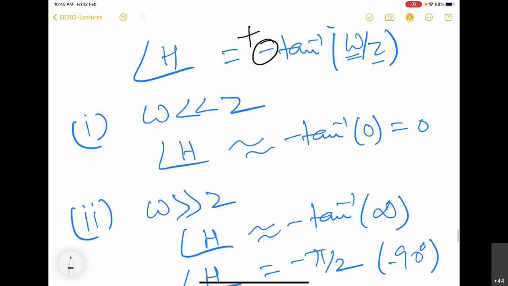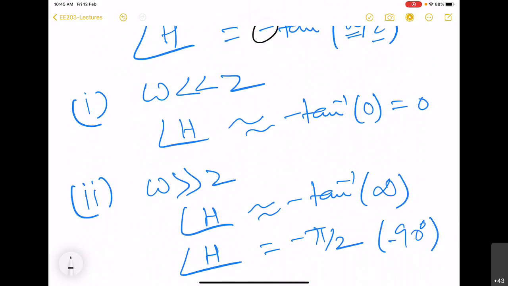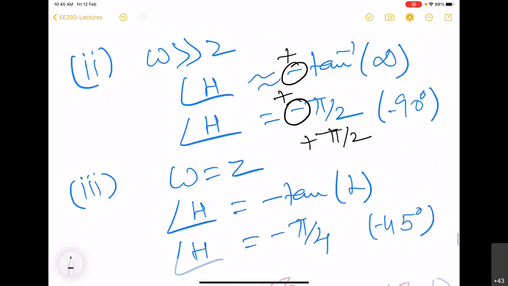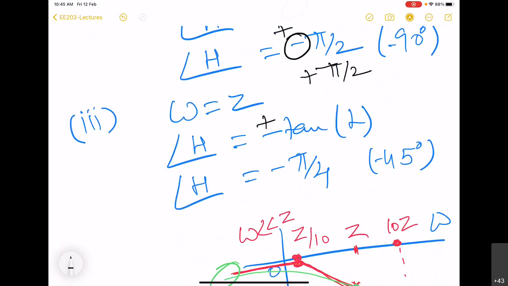That means this part remains as it is. This positive sign will have no effect. But now this part is going to get modified because here we have positive now. So angle is now going to be pi by 2 plus pi by 2. Similarly, this is also going to get modified to plus. So this also becomes plus, right? And now we are going to get 45 degrees.